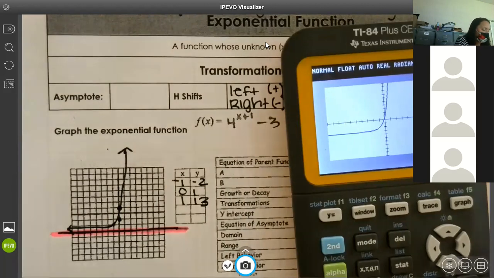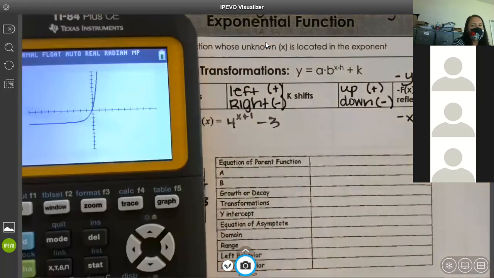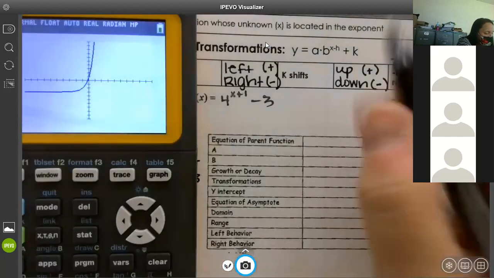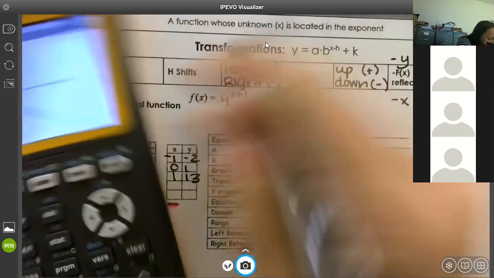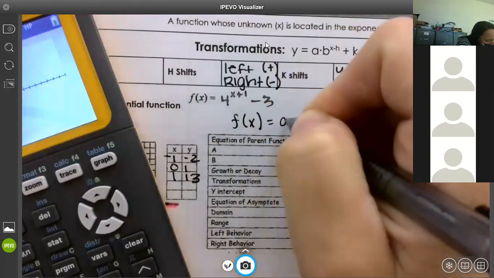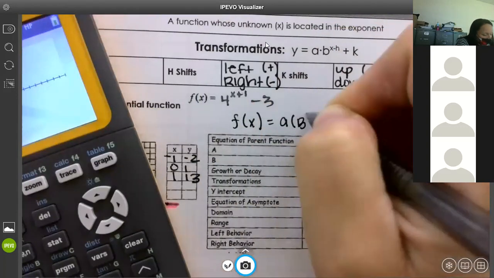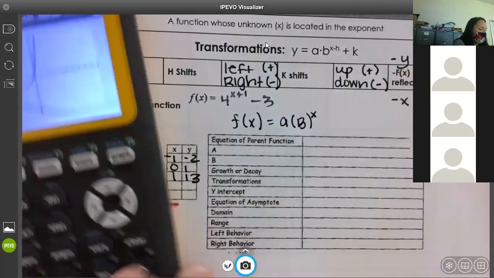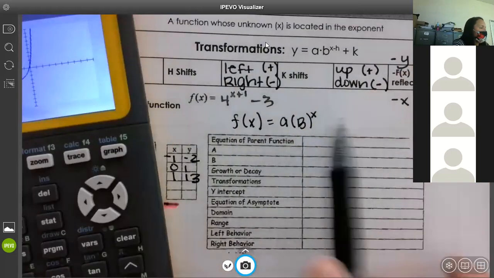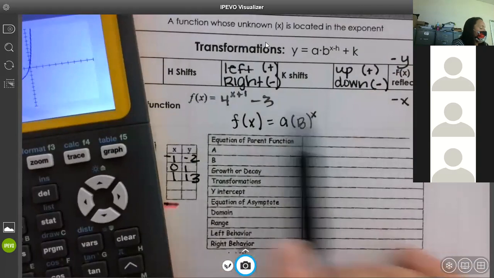So if we're looking at our graph, let's answer some of these questions. What is your A? This is what confuses some people sometimes. This is our original function, okay? Your parent function is going to be whatever your B is, just to the X. So your B is 4.